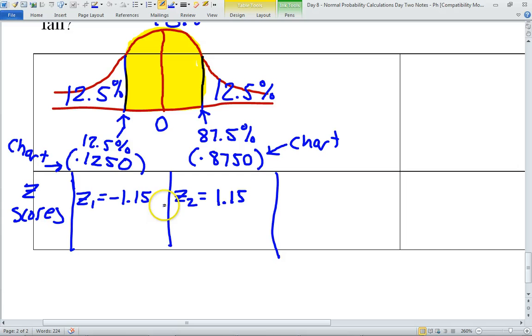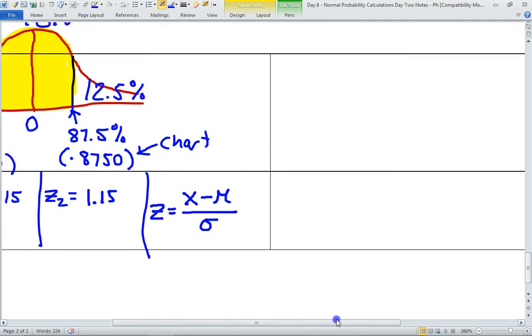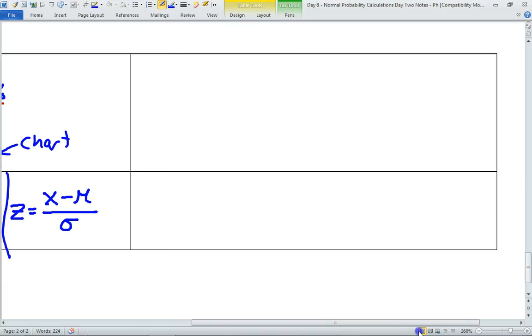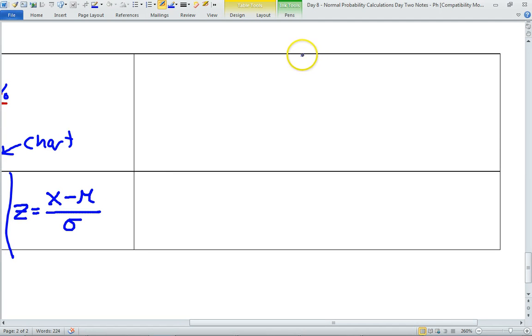Now it's time to turn them both back into regular values by using our formula. Z-scores will always equal regular values minus the mean divided by standard deviation. So hopefully we'll have enough space for this. Okay, so let's do our calculations. I might have to zoom in.